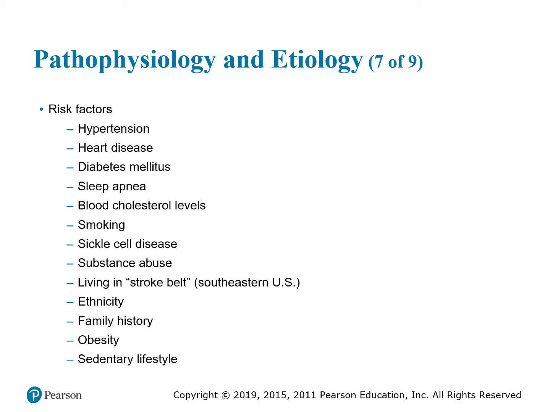Some of the risk factors: hypertension because of the pressure on the vessels, heart disease, atrial fibrillation because the chambers again don't beat effectively, the blood pools, and these clots are in the heart, and it can't get them out. If a clot dislodges, it can get through at some point and maybe lodge in a vessel.